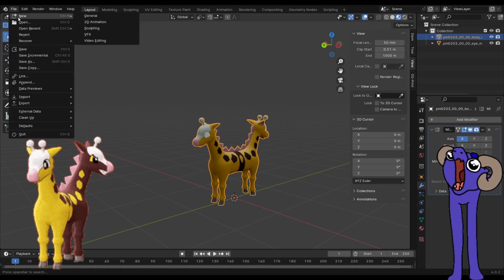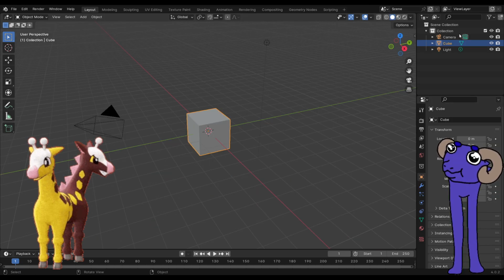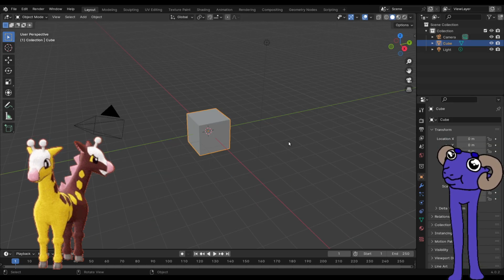So if we go to New, General, don't save, and I don't need Creator open at the moment.